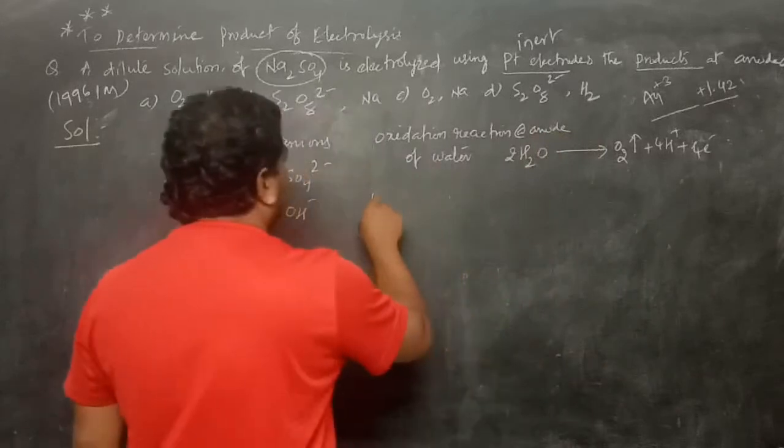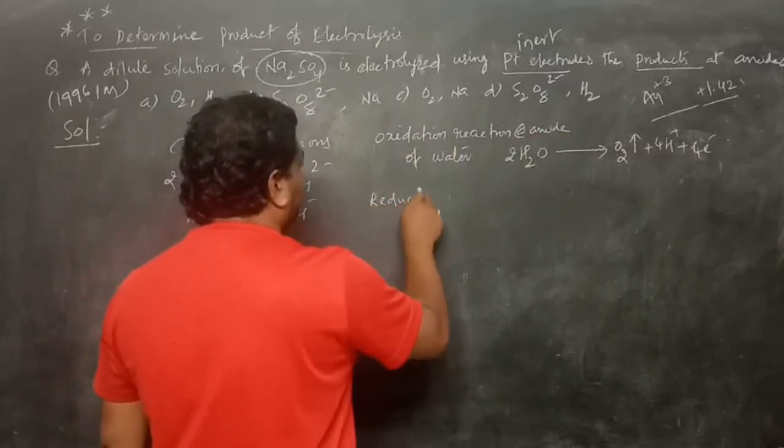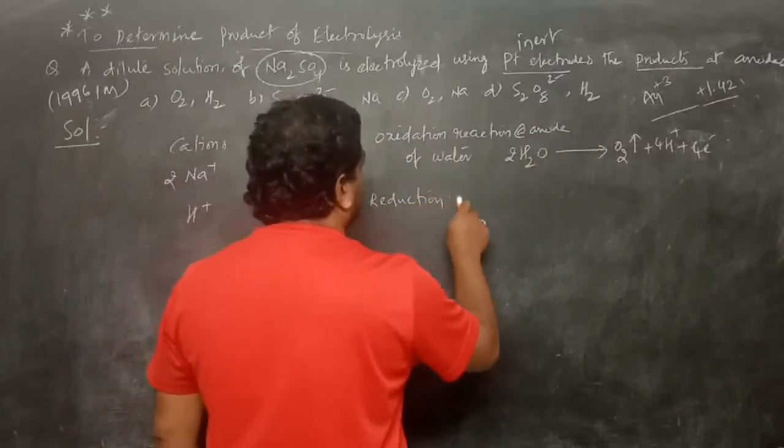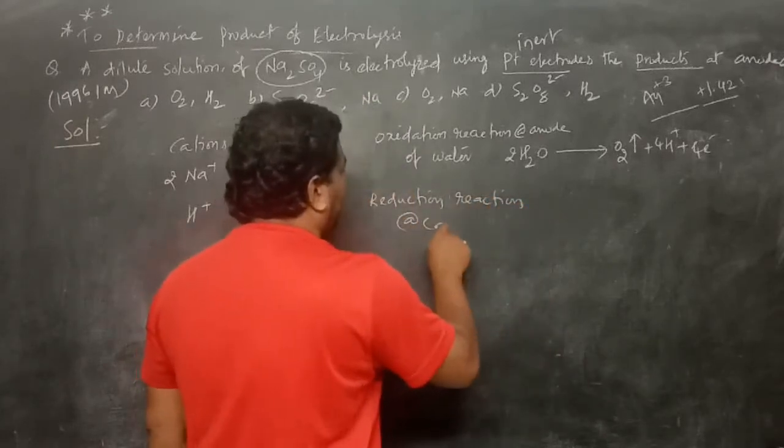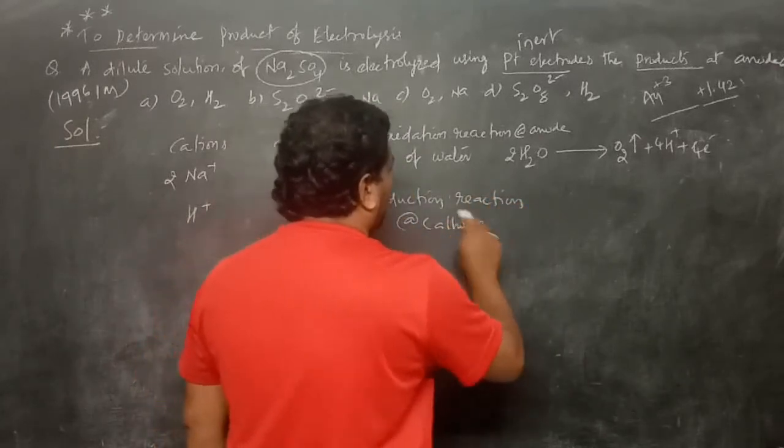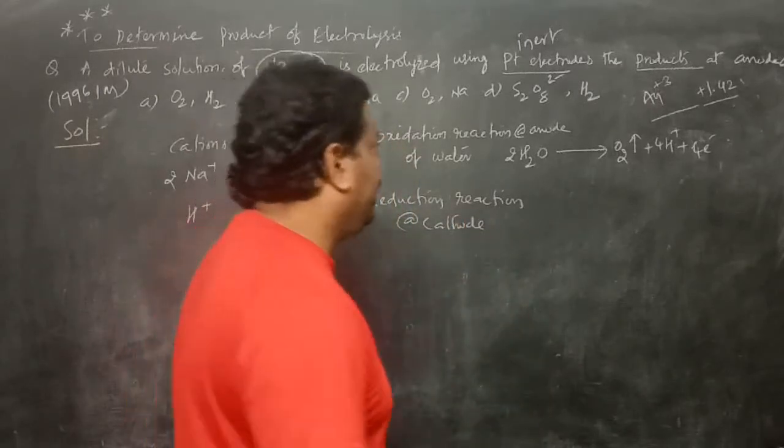Then we will write the reduction reaction at the cathode.